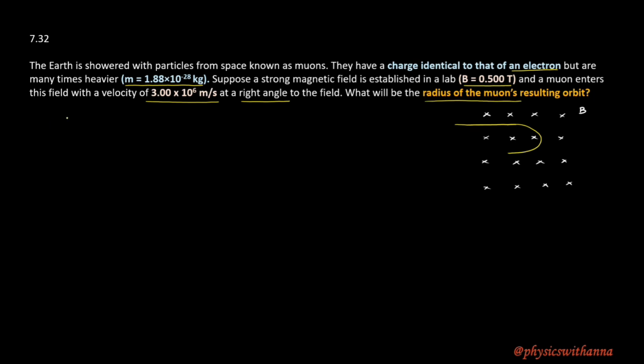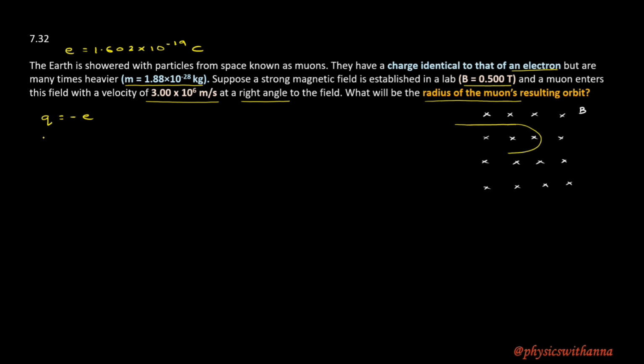So here in this question, I have a particle called muon, which has a charge identical to that of an electron. So we write Q for the particle to be equal to negative e, where e is 1.602 times 10 to the power negative 19 coulomb. And this e is the elementary charge of electron and proton, which is a constant.